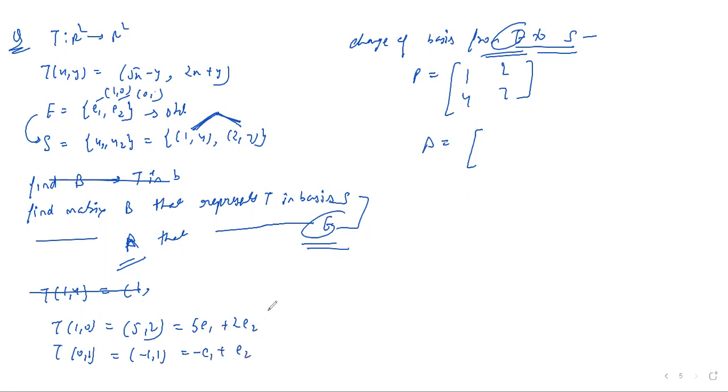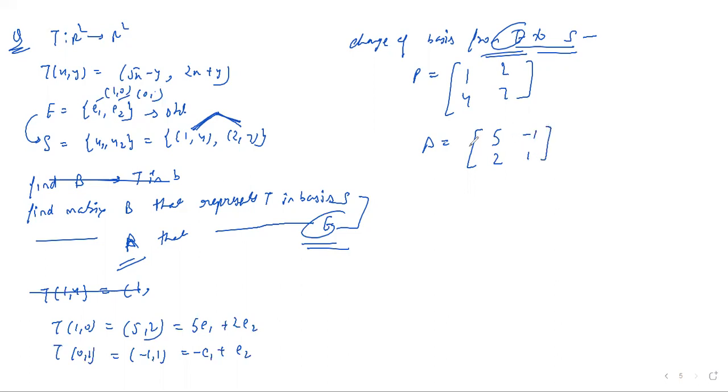Now if we put the coordinates of these vectors into column vectors, we get our corresponding A matrix. So my A matrix will be 5 2 and minus 1 1, and hence I got the A matrix.